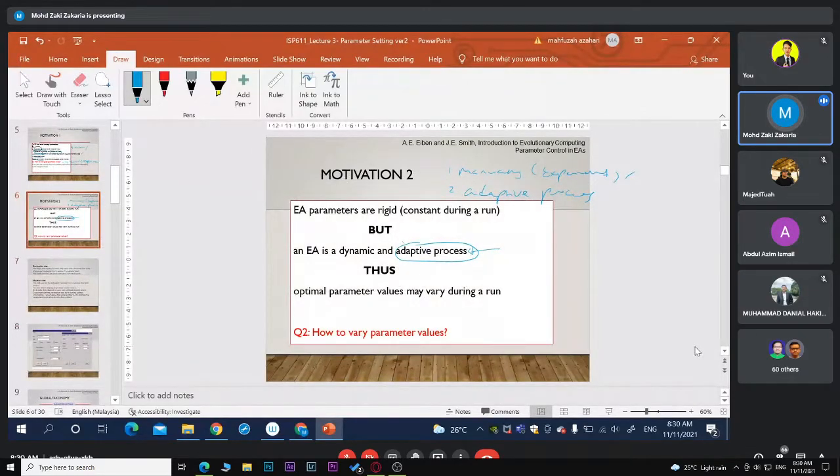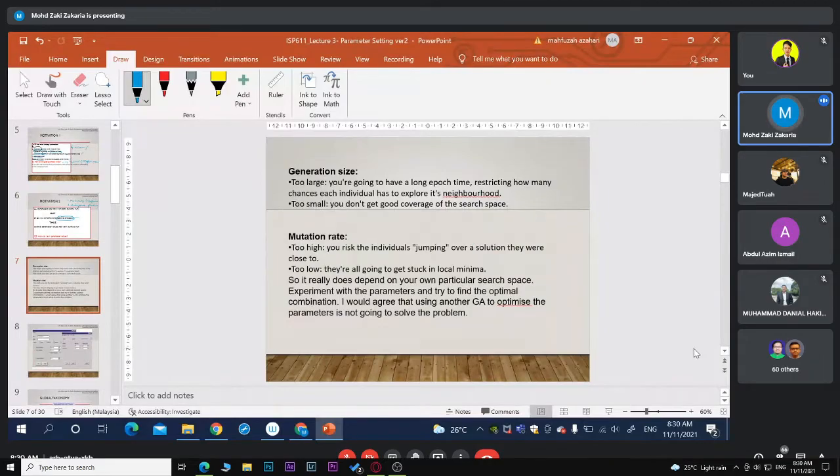Question number 2, how to vary parameter value. So the parameter value, manually we can vary, for size, too large and too small. What happens if we put the number of population too large? What happens to the system?